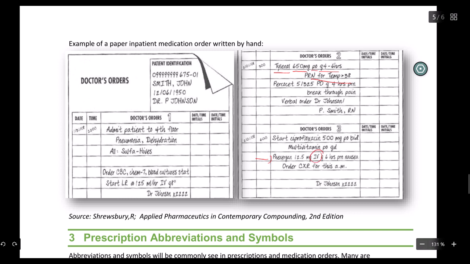Over here we have an order that says to start a liquid, LR, which is lactated ringers, at 125 mLs per hour IV every 8 hours. In calculations, what we'll be dealing with is understanding that that's an IV order for a liquid medication, where they want 125 mLs to be infused intravenously every hour, and that's going to be given every 8 hours.